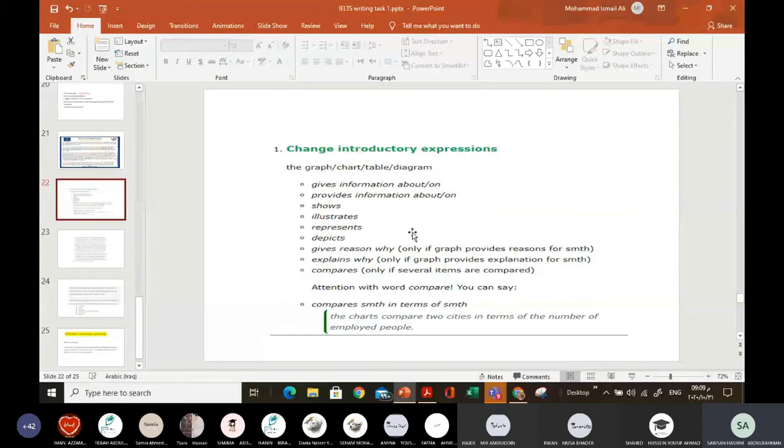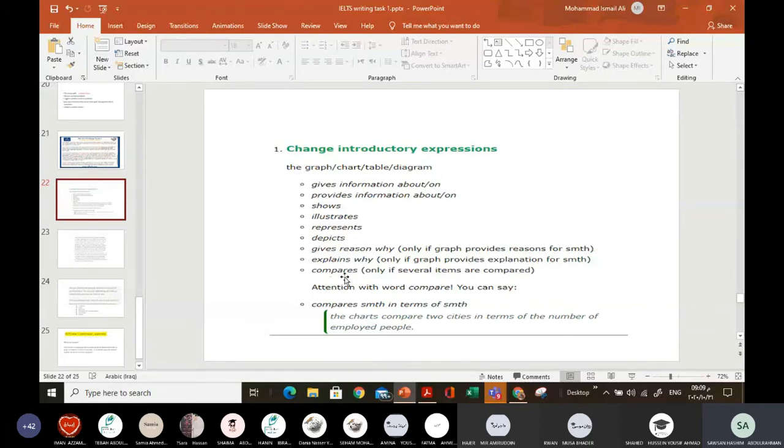Represents, depicts. Gives reason why, only if a graph provides reason for something. Explain why, here you give a reason, you explain why. This graph provides explanation.